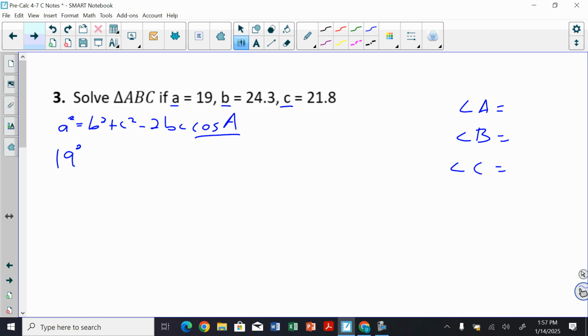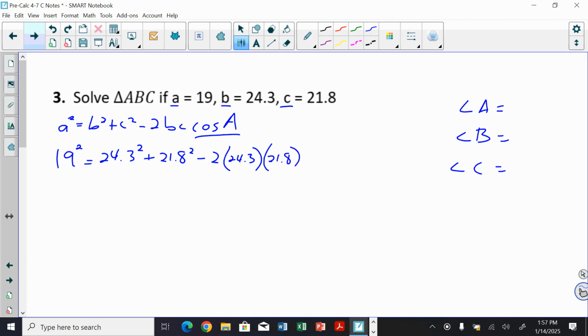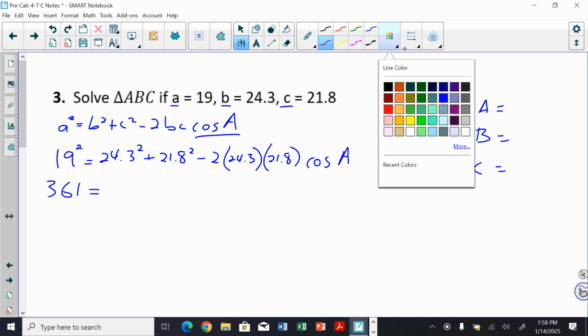I'm going to go 19 squared equals 24.3 squared plus 21.8 squared minus 2 times those side lengths times the cosine of angle A, which we don't know. All right. So calculated it out. This comes out to 361. I combined these two right here.